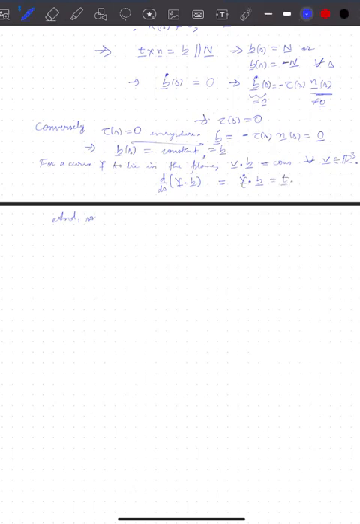So here we recall that from here we can deduce that the t vector is perpendicular to the b vector, isn't it? And gamma dot b vector is equal to a constant. So we have gamma dot b is equal to a constant and v dot b is equal to a constant.